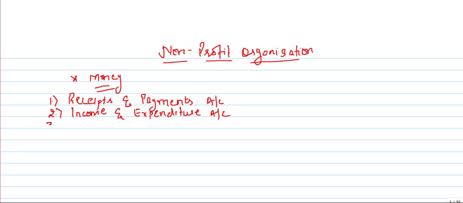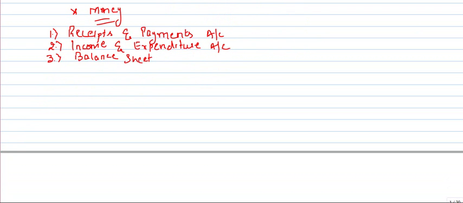And the third we need to prepare is balance sheet, right? So these are the three basic books that we have to maintain for the non-profit organizations. Clear? So now we are going to start with the first one, that is receipts and payments account, right?